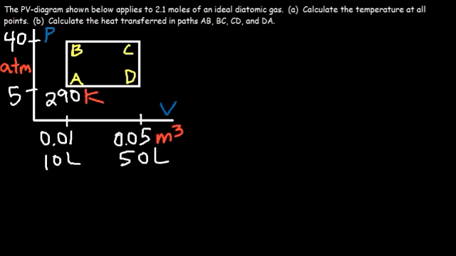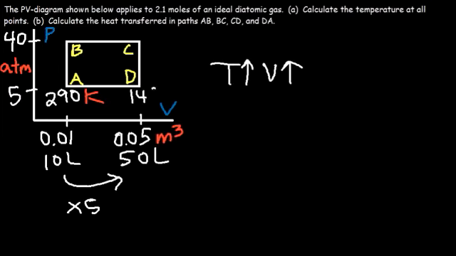Now what about the temperature at point D? Notice that the volume increases from 10 liters to 50 liters. If you increase the temperature at constant pressure, the volume will increase proportionally. So the volume increased by a factor of 5, which means the temperature should also increase by a factor of 5. 290 times 5 is equal to 1450 Kelvin.